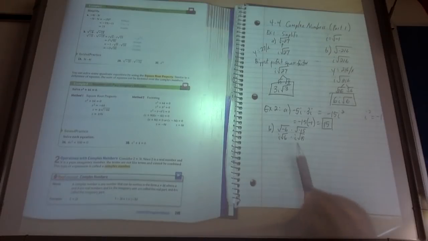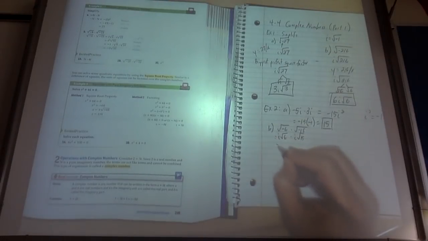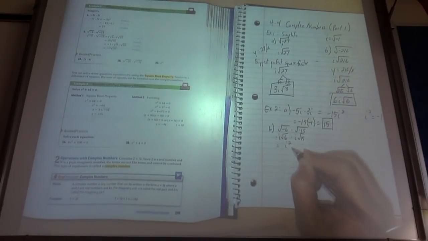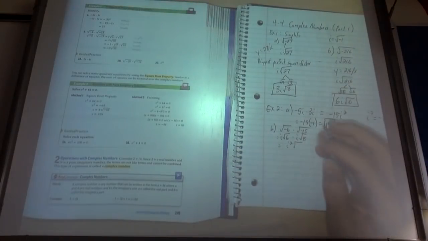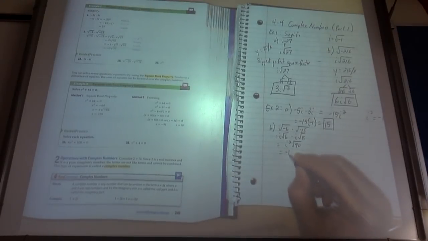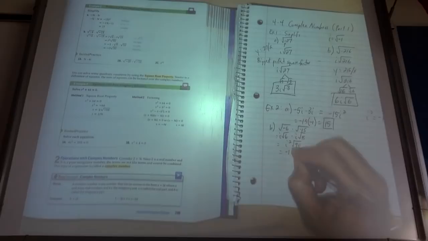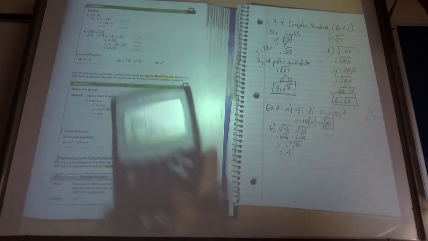Now we can multiply the stuff outside together: i times i is i squared. We can multiply the stuff inside together: 6 times 15 is 90. This is going to clean up to negative 1 times something, since i squared is negative 1. Let's go break down.